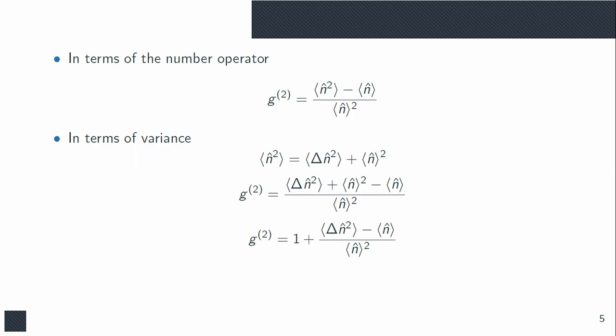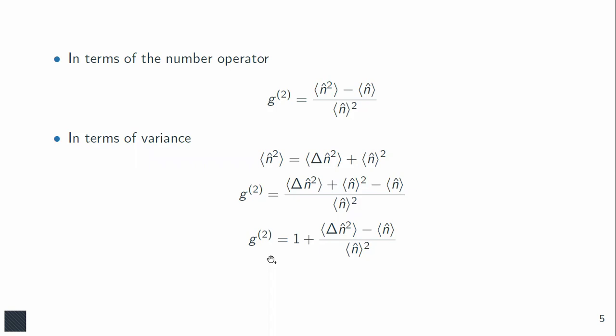Writing it in that form is much more physically realizable, as we could get the variance value of the field from experimental results. So this is a much more interesting expression of the correlation function as compared to the earlier form.